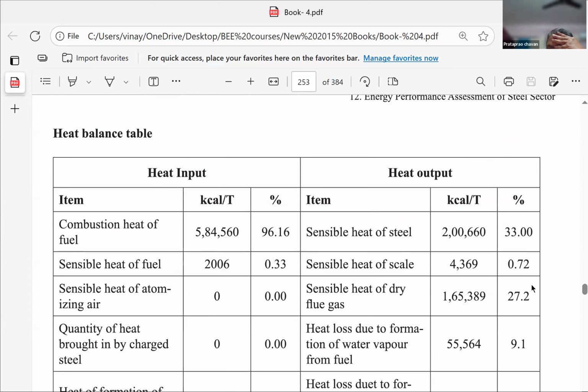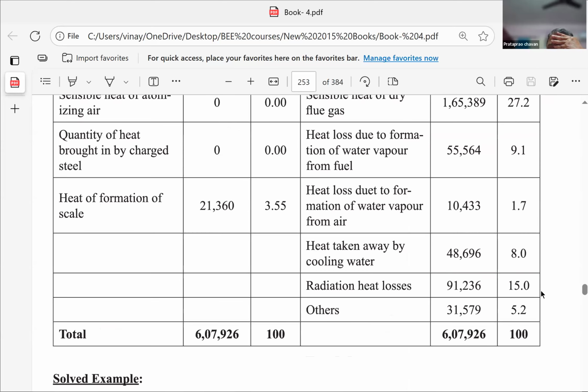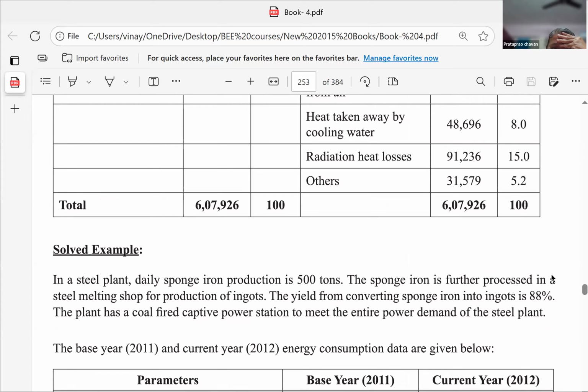You can improve the recovery from the 27. So the energy auditor should concentrate on the larger percentage of losses where he can gainfully achieve 4%, 5%, whatever he can achieve, and then he can calculate the payback period of the scheme suggested and give a proposal to the steel plant.